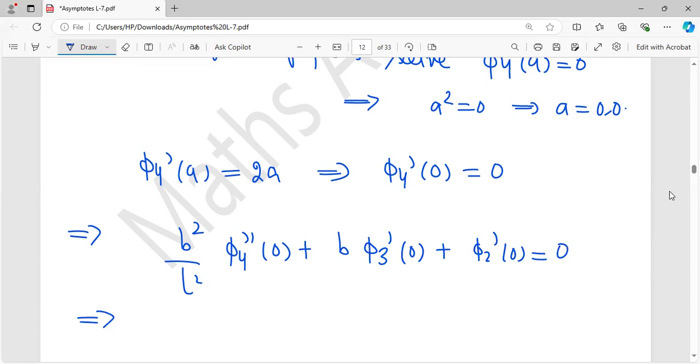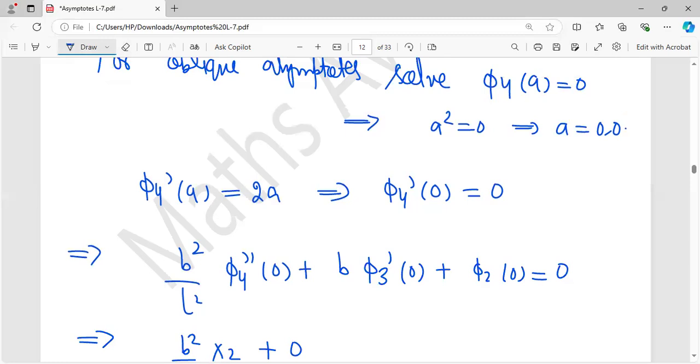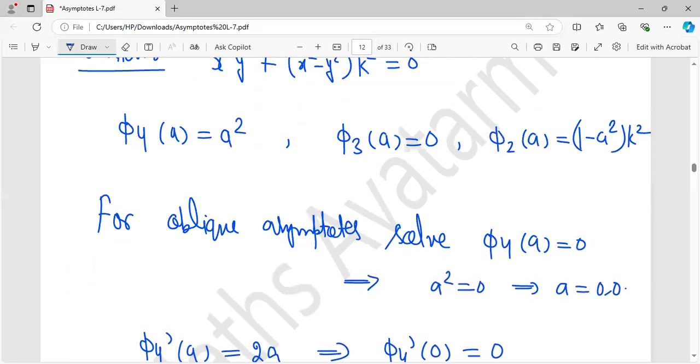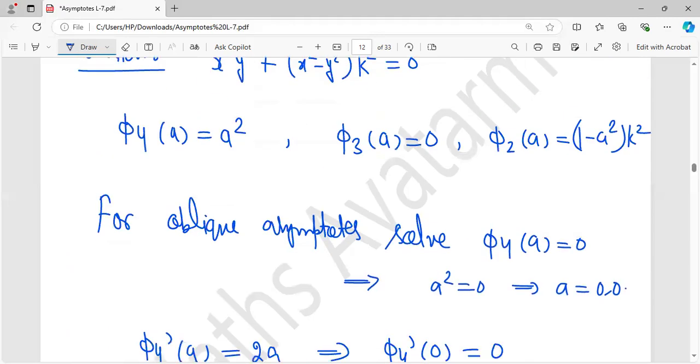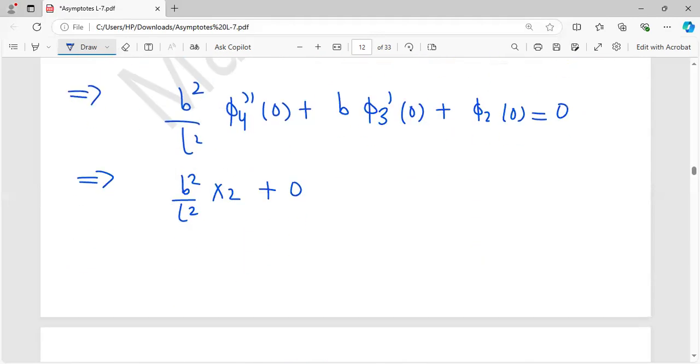So what is phi 4 double dash? This is 2, and this is 0. And what is phi 2 at 0? Phi 2 at 0 is nothing but k square.